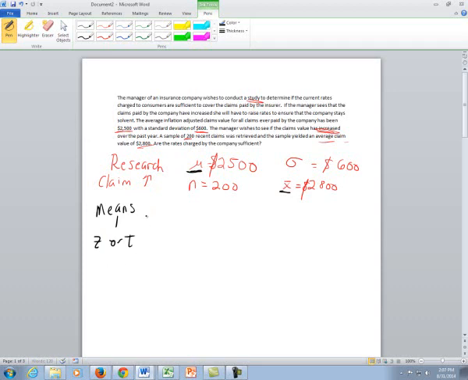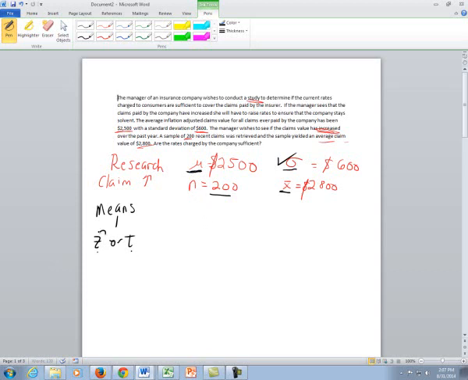Let's look at the answer to our second question, since we're dealing with means: do we have a sigma? The answer to that question is yes, so we can still run either a z or a t-test. Now we have to go through our third question: what is our sample size? Our sample size is 200, which is bigger than 30.